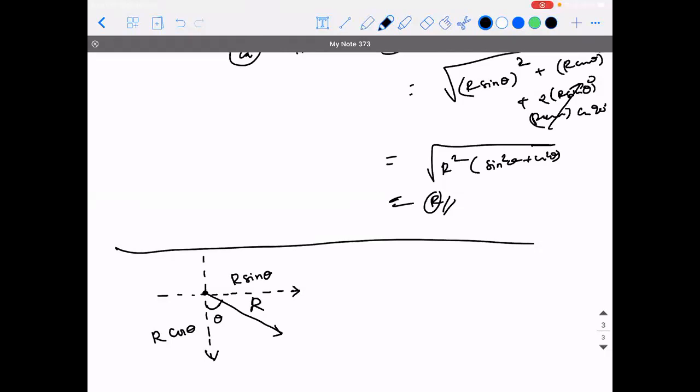Okay. Now, I'm giving you another question. If you're clear with this, then we can go with the motion of a particle in 2 dimensions. This is theta. Resolve R into two components.